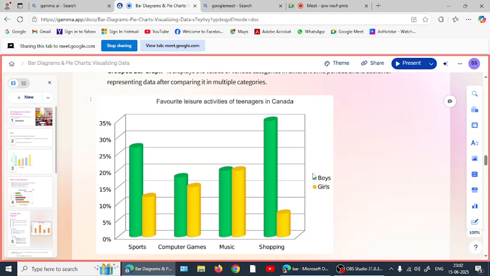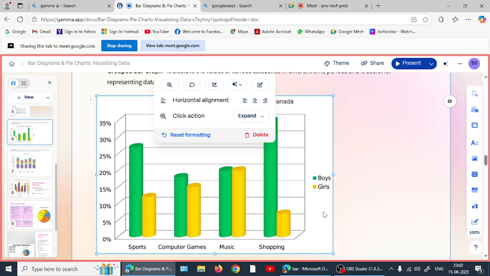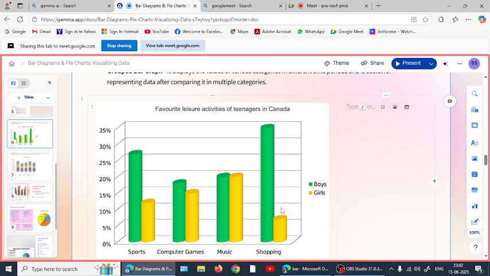Here the boys and girls are represented by different colors, and you can see what activity is most liked by the boys. Shopping. And what activity is least liked by the girls? Shopping. And what about music? What is their interest? Equally interested.